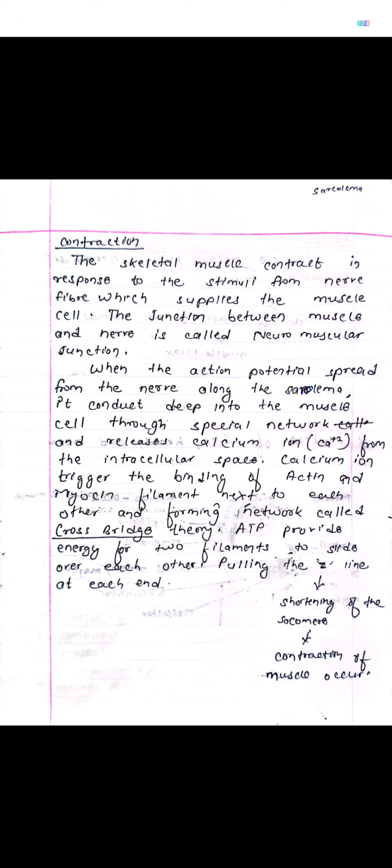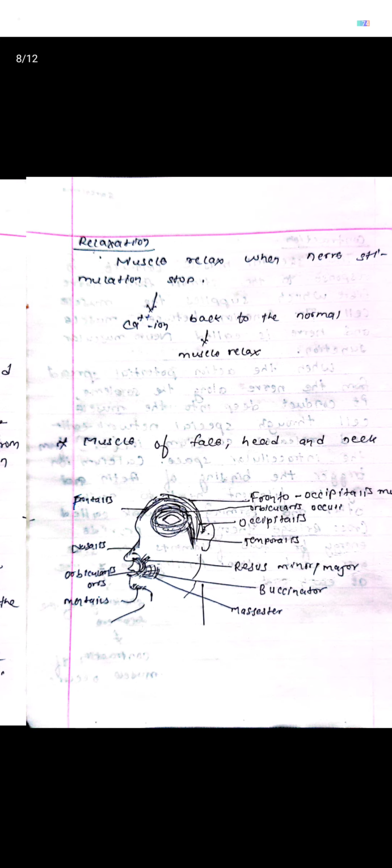Calcium ions trigger the binding of the actin and myosin filaments next to each other, forming a network called the cross-bridge theory. ATP provides energy for the two filaments to slide over each other, pulling the Z line at each end. Relaxation. Muscle relaxes when nerve stimulation stops.